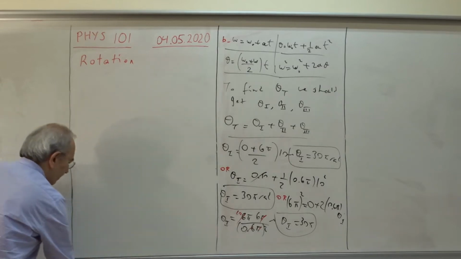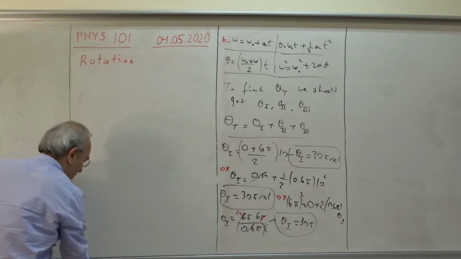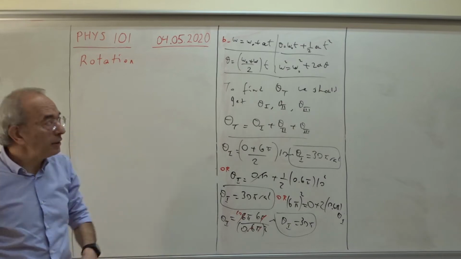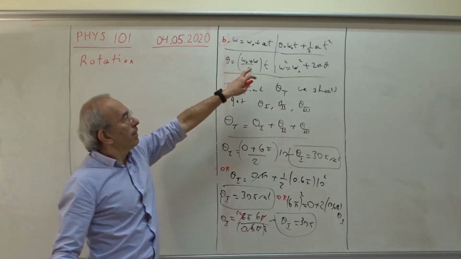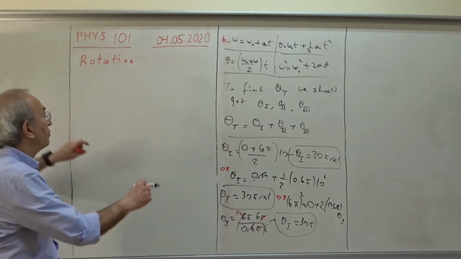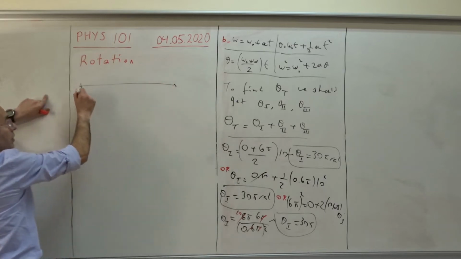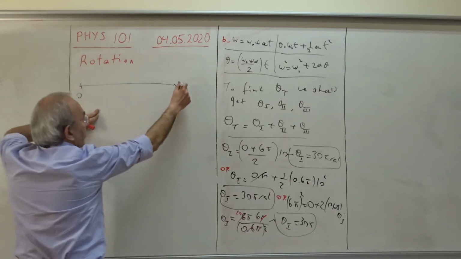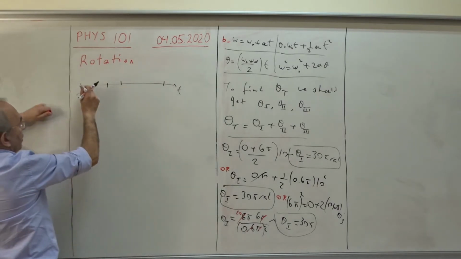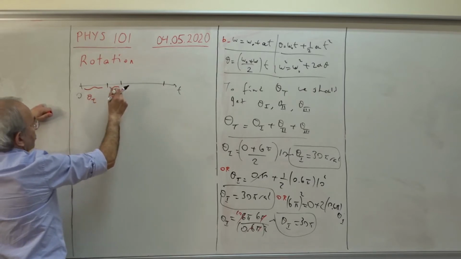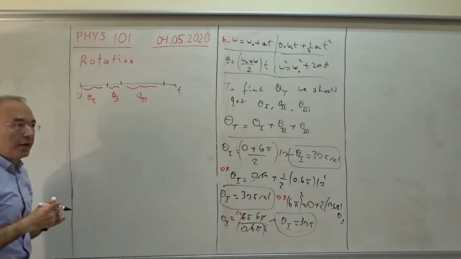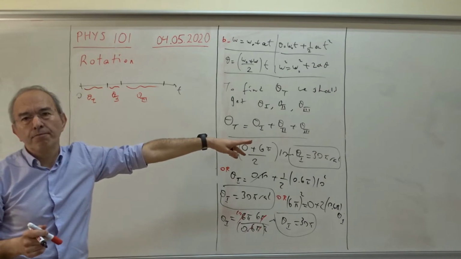Of course again we can use all three, but since there is no alpha in this middle part, you can easily take this one, where omega 0 and omega are the same. In this case, omega is not 0. Let me draw the time axis again. This part was theta 1, this part was theta 2, and the last one is theta 3.